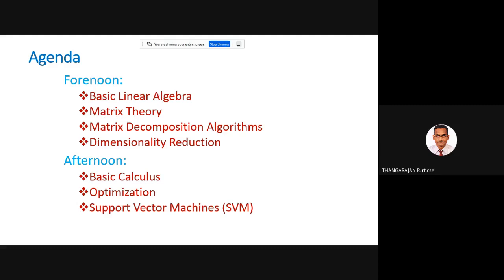When you say linear algebra, that includes matrices. We will discuss matrix decomposition algorithms and the dimensionality reduction problem. And in the afternoon, calculus and convex functions.